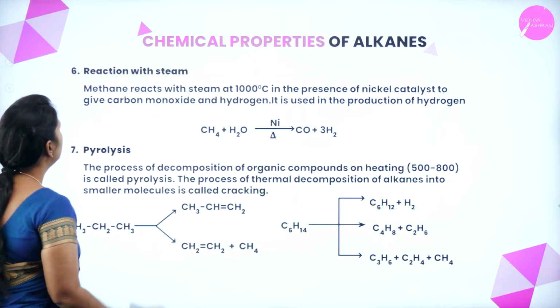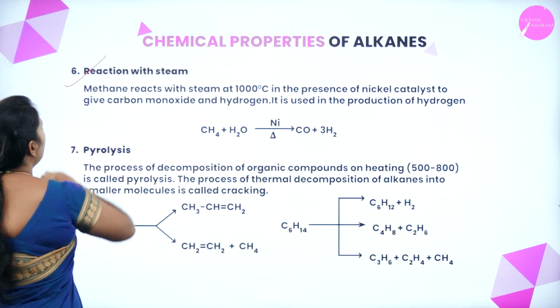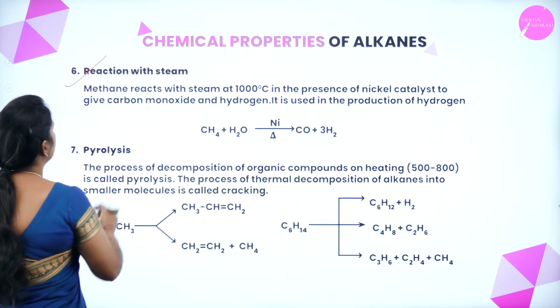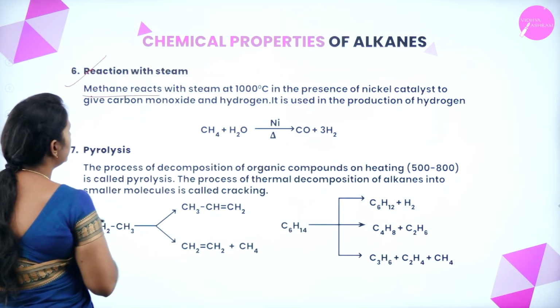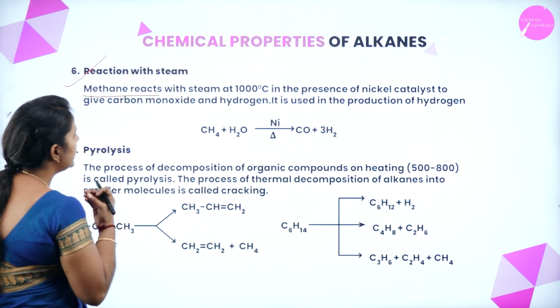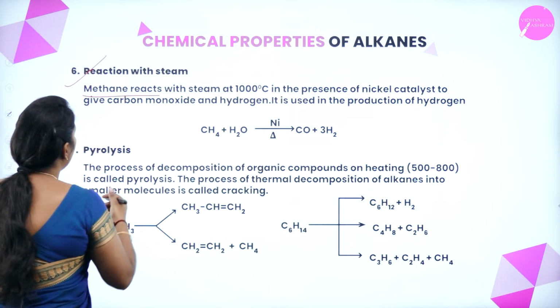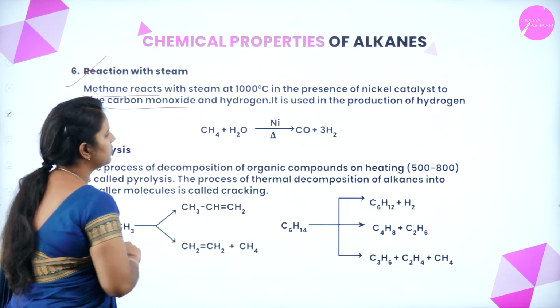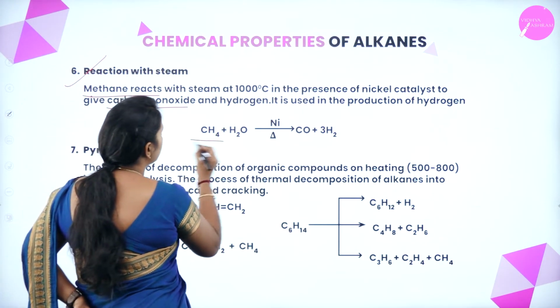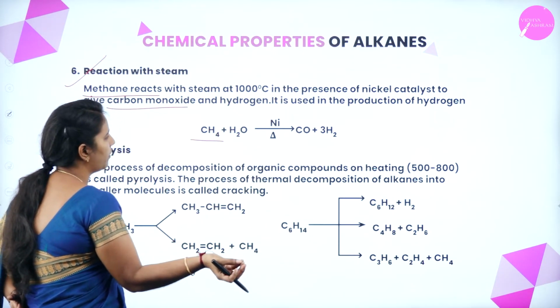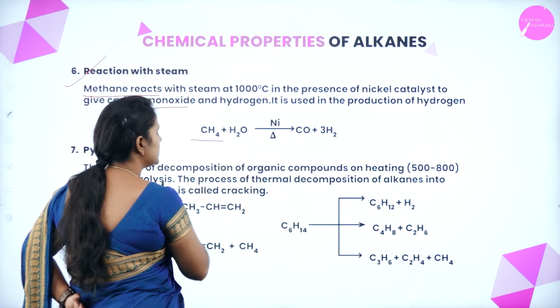And next is reaction with steam. How does our alkane react with steam? Let's see. When methane reacts with steam at 1000 degrees Celsius in the presence of nickel as a catalyst, carbon monoxide and hydrogen are formed. Here I have considered methane. It reacts with steam, which consists of water droplets, in the presence of nickel as a catalyst.